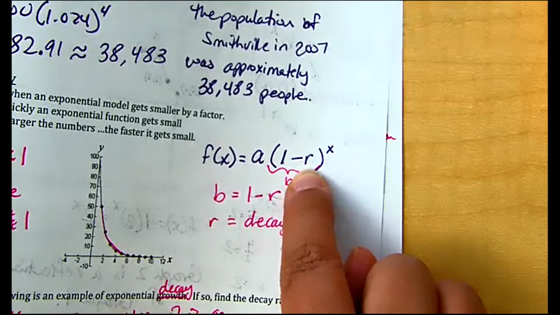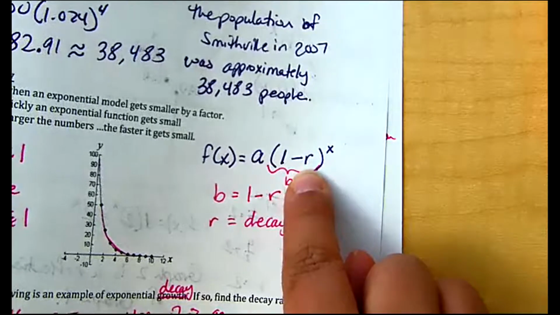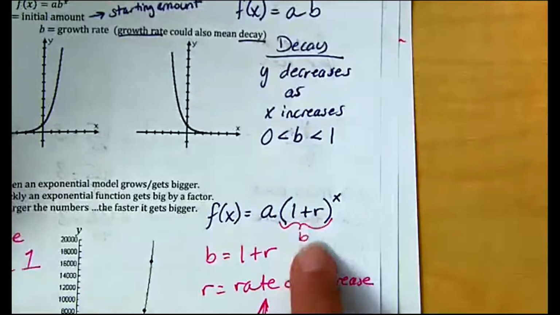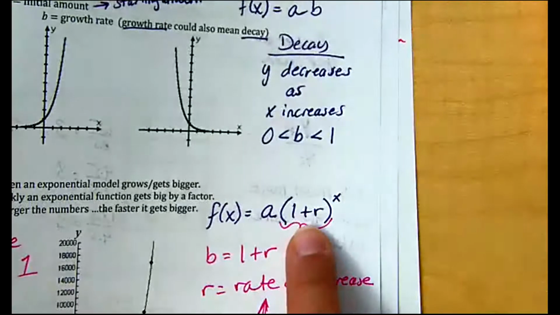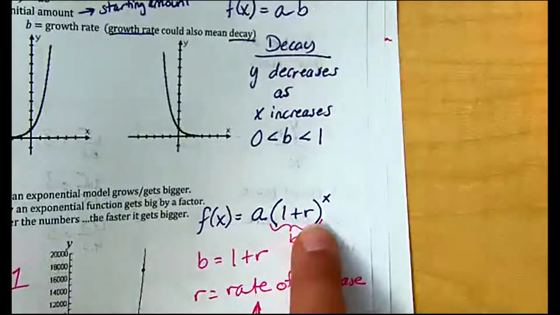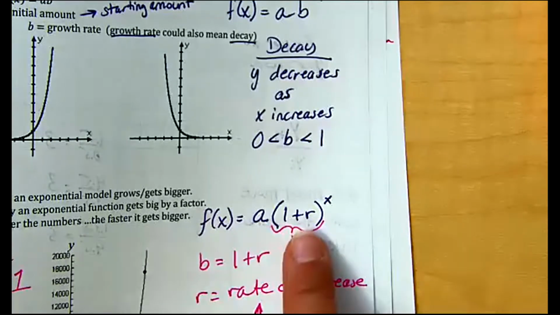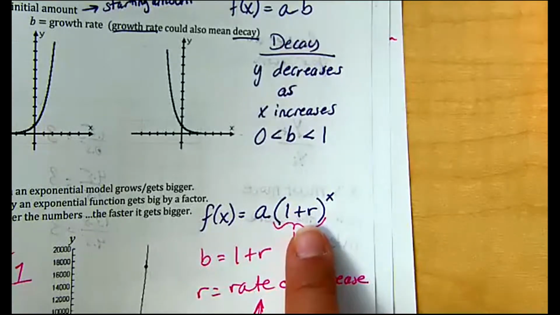And remember that percent means you have to modify it into decimal form, so 2% would be 0.02 for R. And then if it's an increase rate, then you're using this one. It's the same way of getting R: you modify the percent into a decimal, but if it's increase, you're adding R. If it's decrease, you're subtracting R. I hope that helps. Okay, thank you.